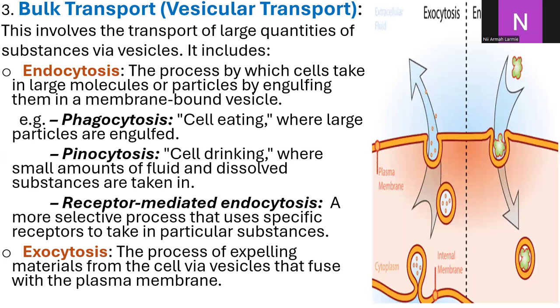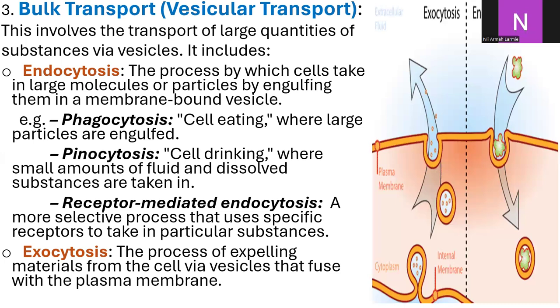Then we have exocytosis, which is the exact opposite of endocytosis, where the substance or the molecule is moving out of the cell in the form of a vesicle. So here the cell is spitting, if you like, bringing out the molecule outside of the cell.